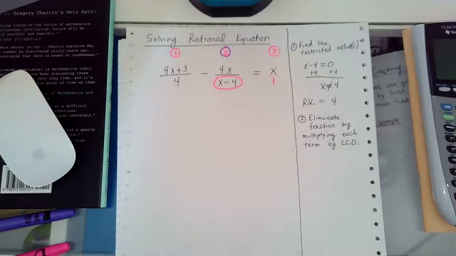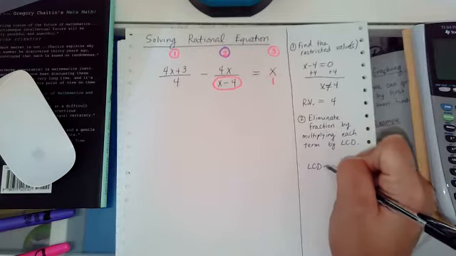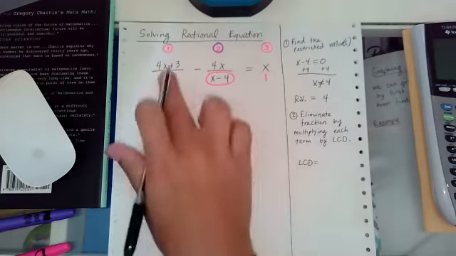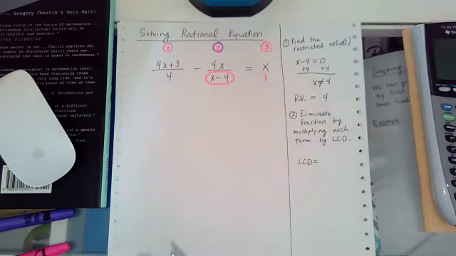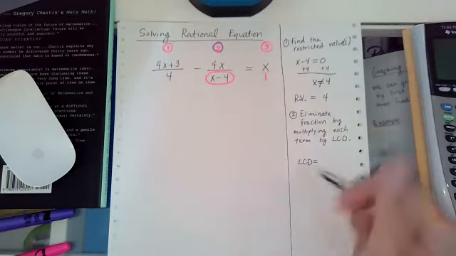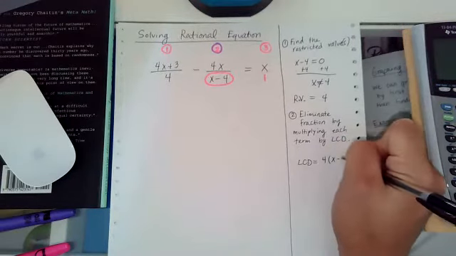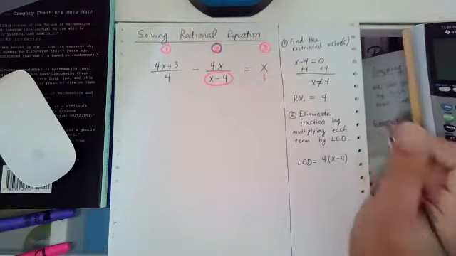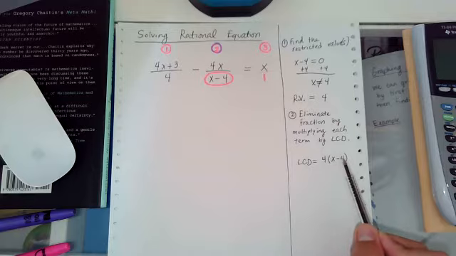So the easiest way to find the LCD of a problem like this is just to multiply these things together. Now, I say multiply liberally. I mean that I'm just going to write them next to each other as though I'm preparing to multiply them. I'm not actually going to multiply or distribute this out.